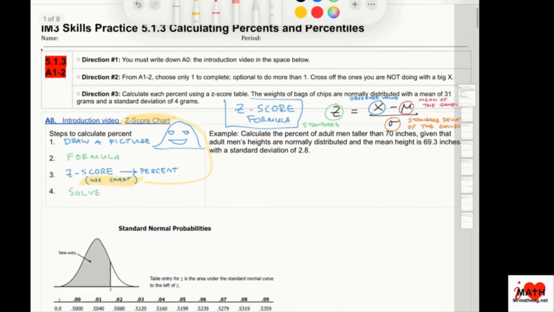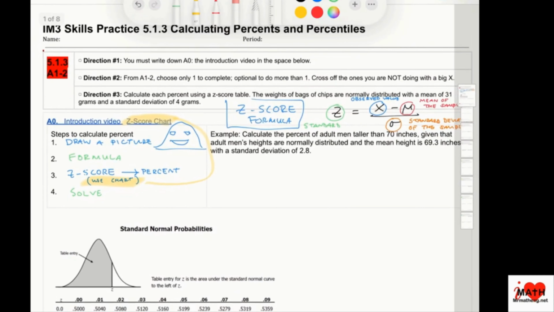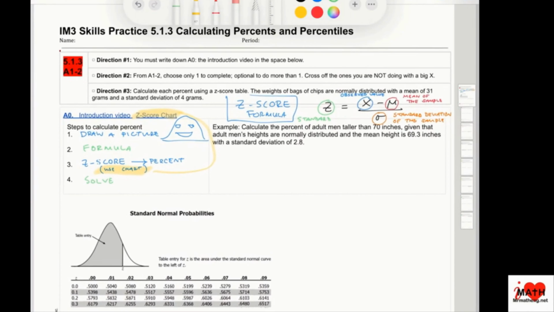Okay, let's try this example. Calculate the percent of adult men taller than 70 inches, given that the adult men's heights are normally distributed and the mean height is 69.3 inches with a standard deviation of 2.8. The first thing I'm going to do is draw a normal curve.